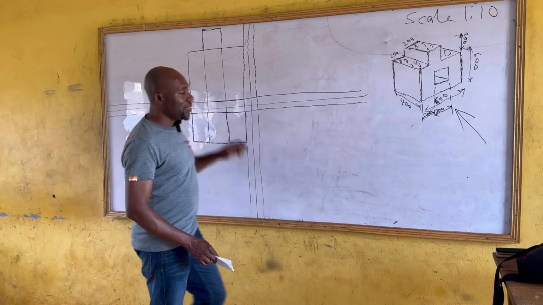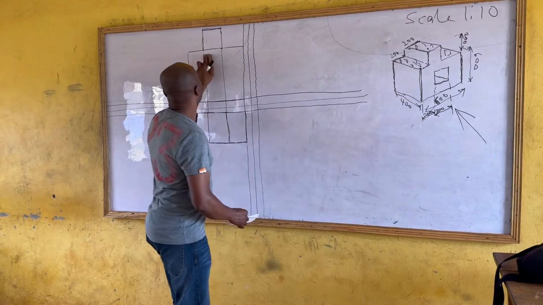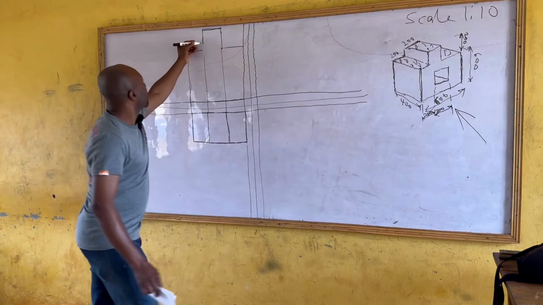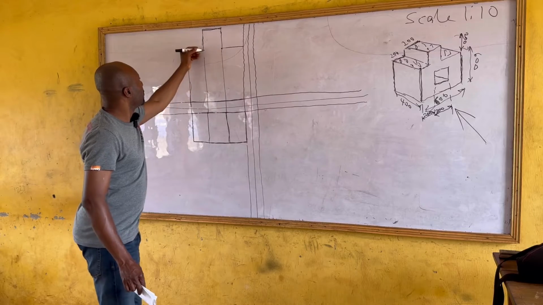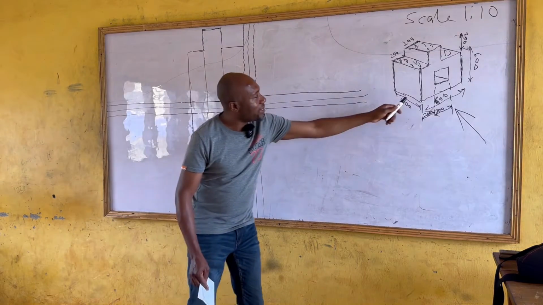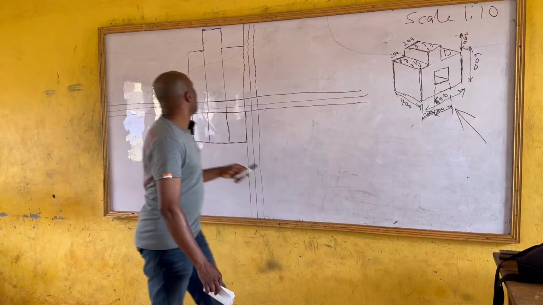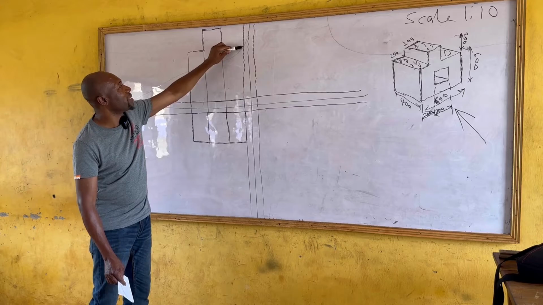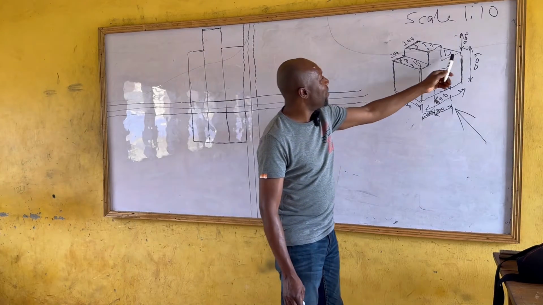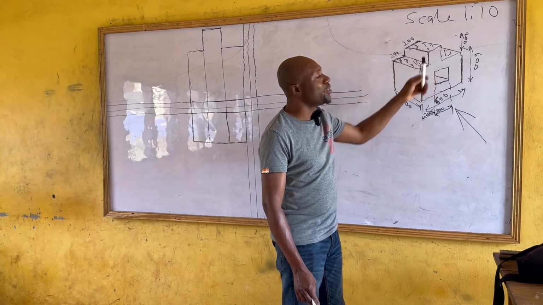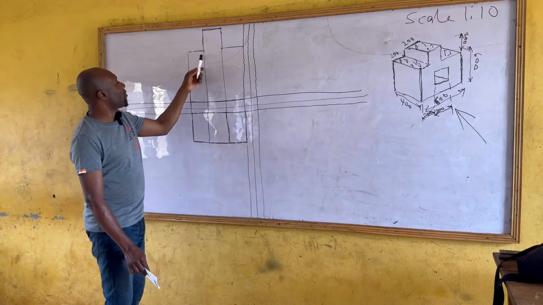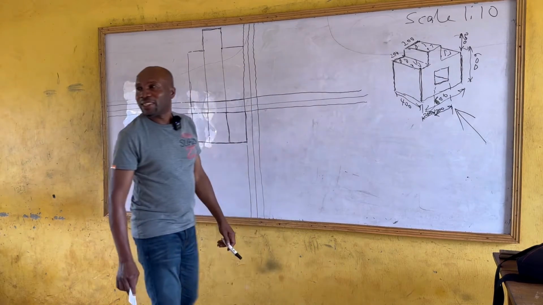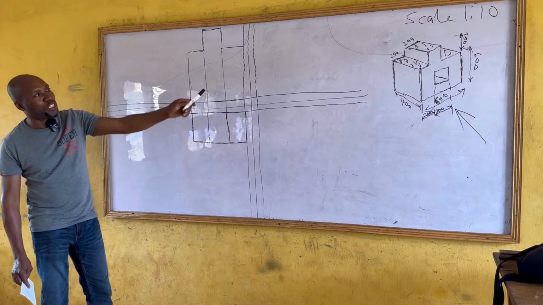So this line is just a faint line. The distance from here to here is 600. So you measure from here to here your 600. Then we have from here to this side, which is 200. Then you can get it from here, because this area is the part which is projecting.